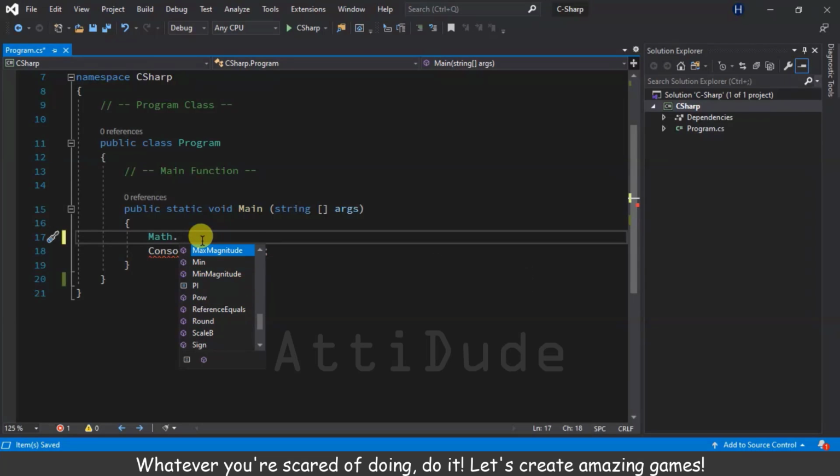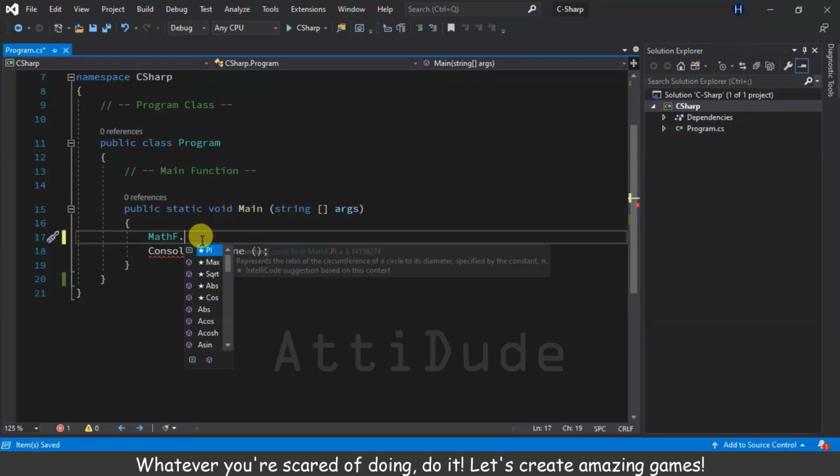That's a pretty good function, because we calculate power every now and then. We can get Log, Floor, Exp. We can get E, which is the logarithm base, CopySign, Clamp, Ceiling, Cbrt, and a lot more.